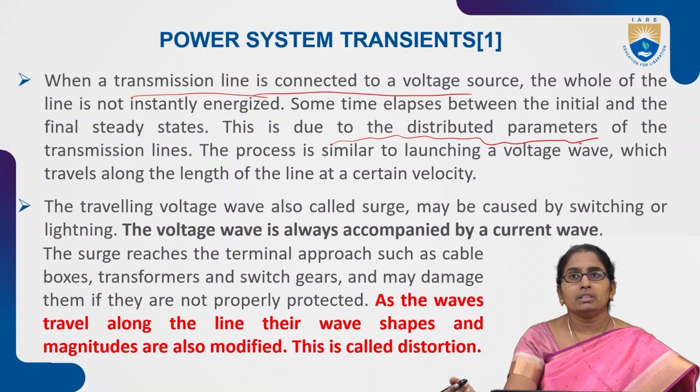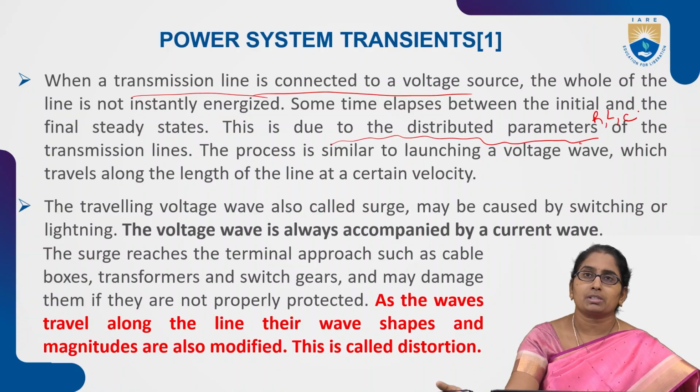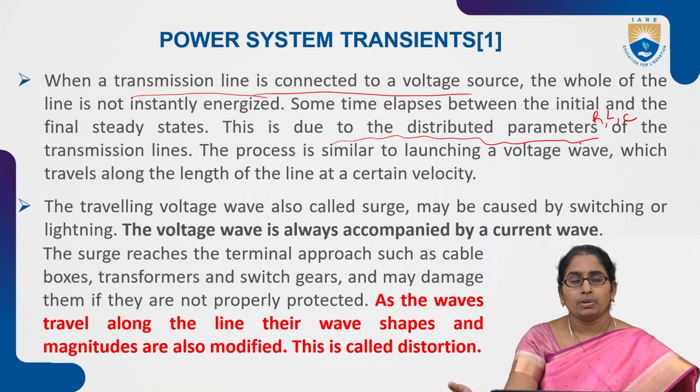We know that the transmission line parameters are R, L, C: resistance, inductance, and capacitance. Due to the distributed nature, the resistance, inductance, and capacitance are available along the total length of the transmission line.